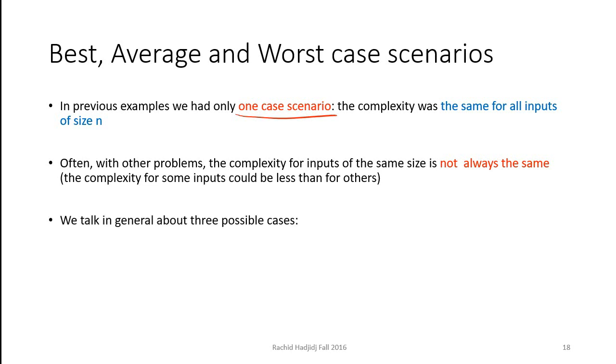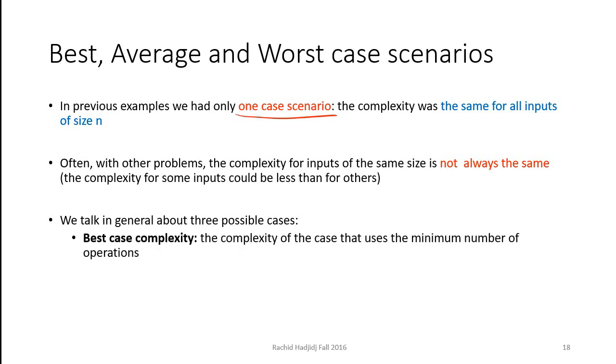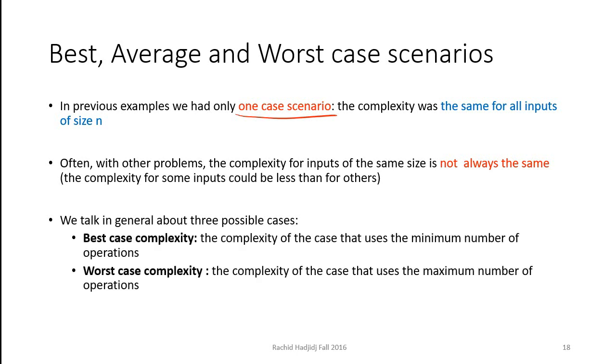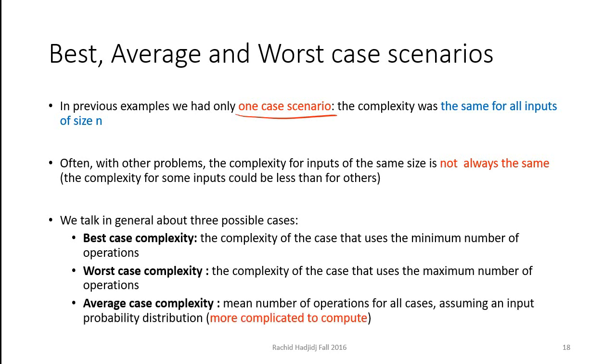And we talk in general about three possible cases. We have the best case complexity, we have the worst case complexity, and also the average case complexity. The best case complexity is the complexity of the case which requires the minimum number of operations.